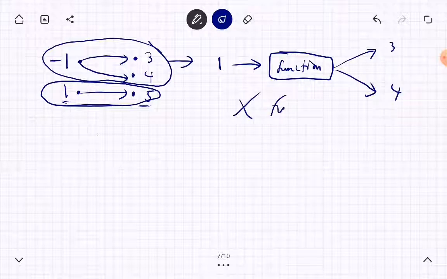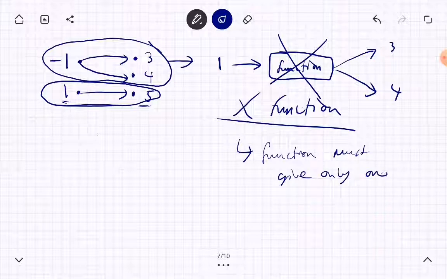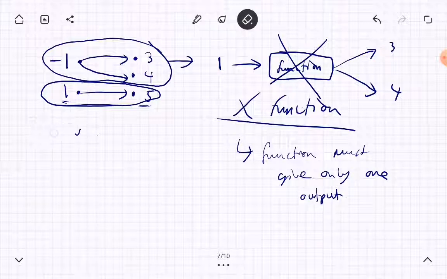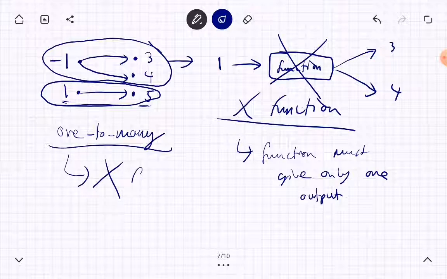So this is not a function, this cannot be a function, because a function must give only one output. This is a one to many relation, and this is definitely not a function.